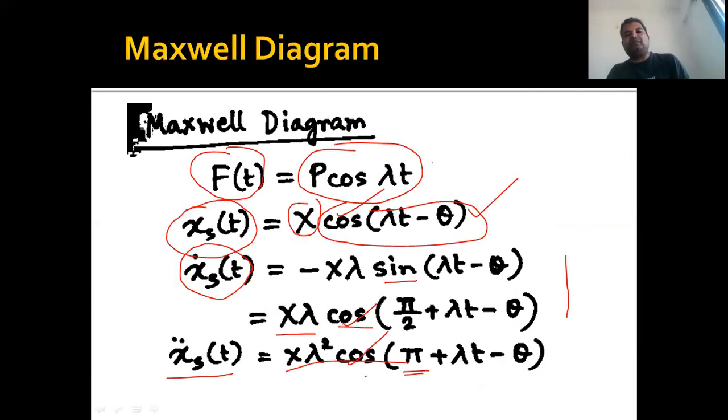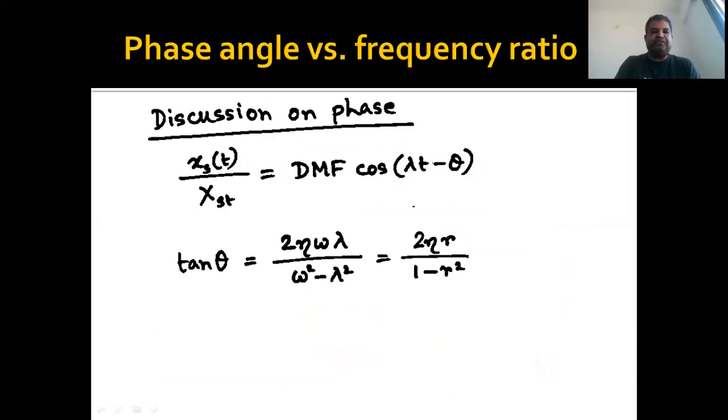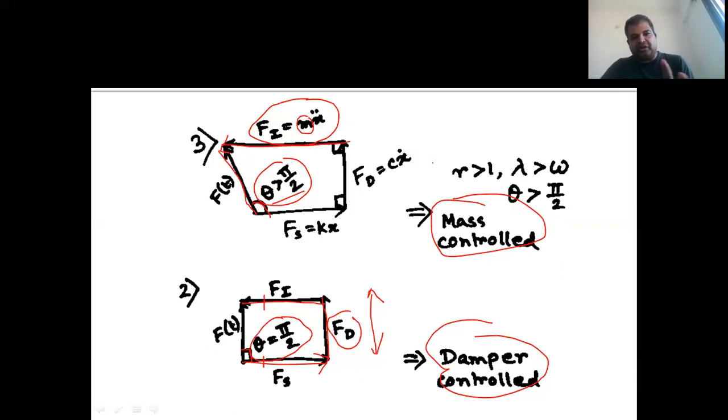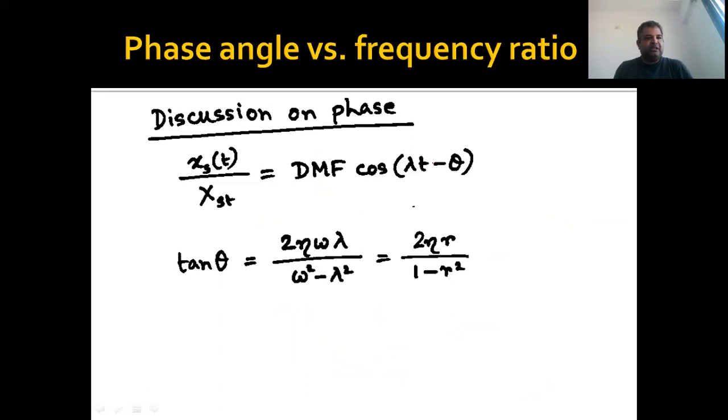So with the help of the Maxwell diagram, you can take the discussion forward on how to put all these zones in with the help of mathematical expressions. Now, let us also have some discussion on phase angle versus frequency ratio, and how to plot this particular curve.